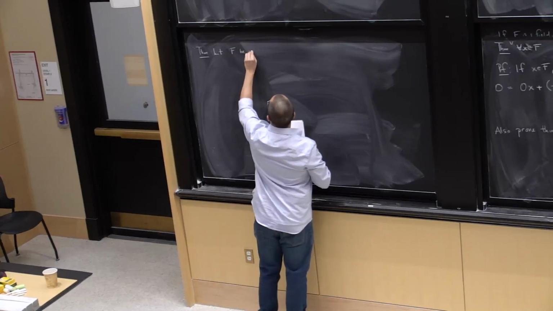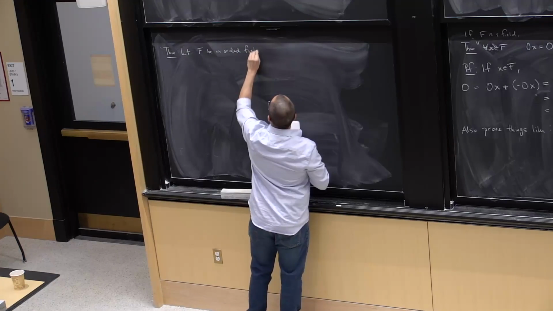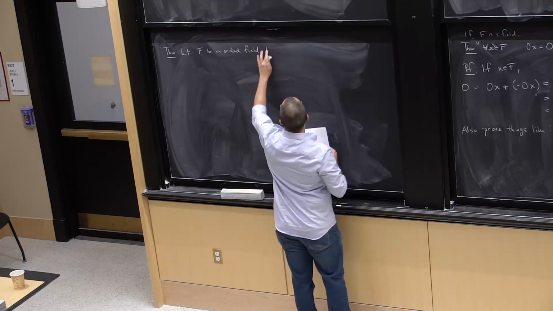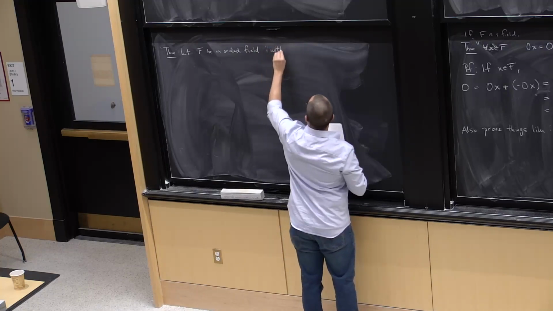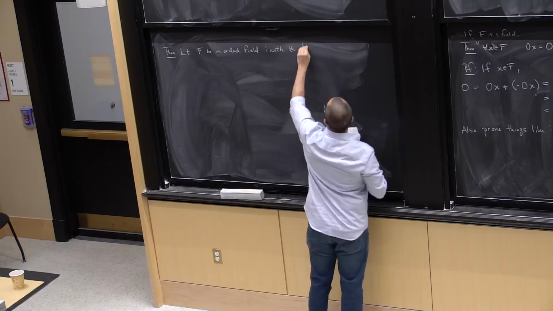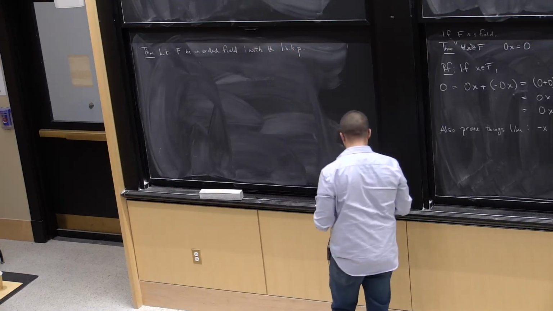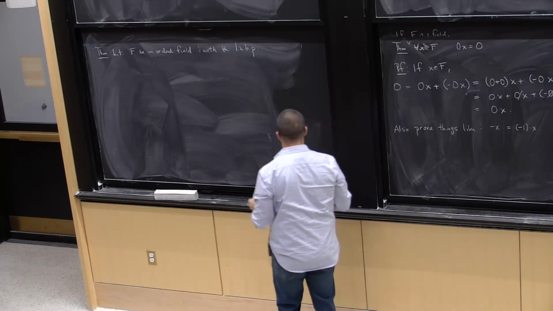Let F be an ordered field with the least upper bound property. And now I'm going to prove that it has, if you like, a greatest lower bound property.